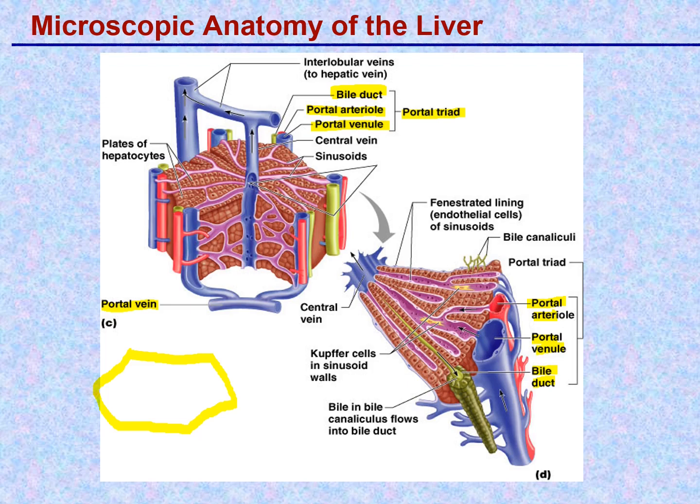What happens is that blood draining from not just the intestines actually, but all of the organs in the abdominal cavity will enter into the liver through the hepatic portal vein, then it branches into many portal veins, and those branch into portal venules, and here you see a branch going up into this triad and another one going into that triad.